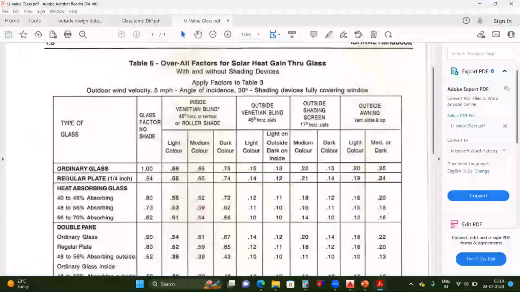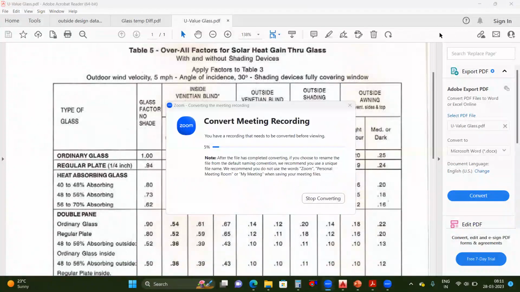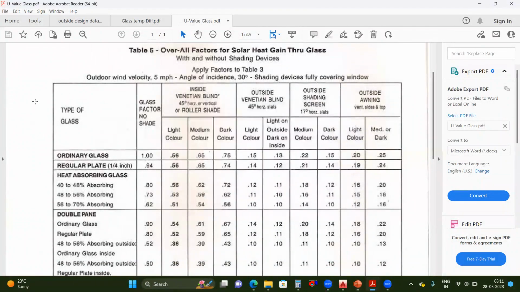So this is a type of glass, and we can select the U value from this data. So for taking the U value, we need to refer to Table 5, overall factors for solar heat gain through glass. Okay, so type of glass.